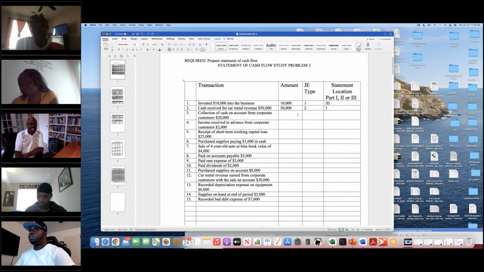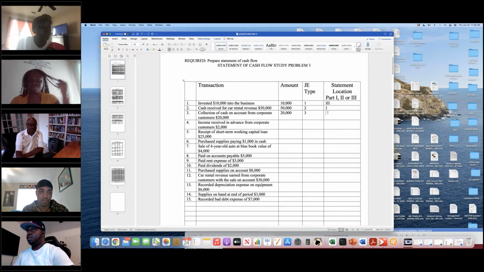Then collection of cash from corporate customers, 20,000. I chose 15, so scratch it. This is a type 15. Sounds like a 3 to me. Collect. That's a 1, right?